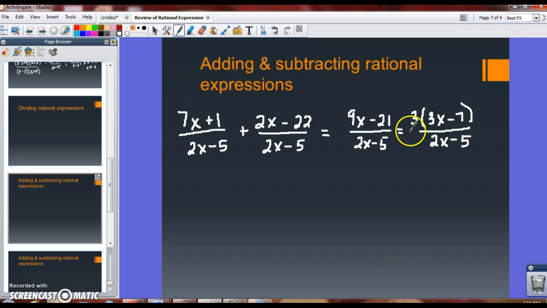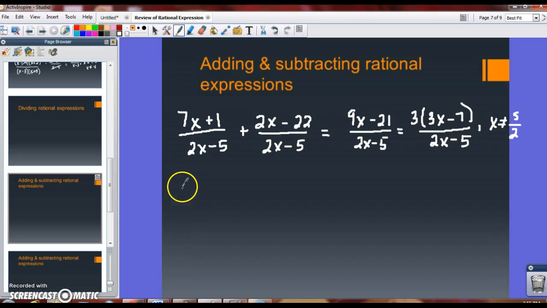It's just the factored form. But I like people to do it so that they can make sure that it is in simplest form. If you get to this step and you can reduce, then you want to make sure that you reduce. Don't forget your exclusions here. We have to exclude 5/2, right, because that makes our denominator 0.